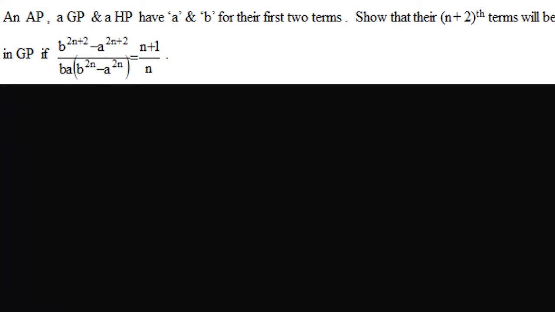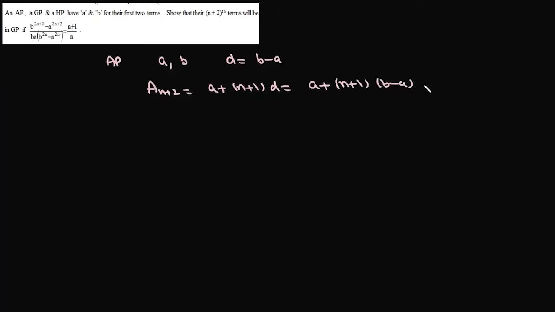Now here the question is, an AP, a GP and an HP have a and b for the first two terms, then show that their (n plus 2)th terms will be in GP under this given condition. Now if we talk about this AP, we know that the first two terms are a and b, so its common difference will be b minus a, and then its (n plus 2)th term will be a plus (n plus 1) into d, which is a plus (n plus 1) into (b minus a).